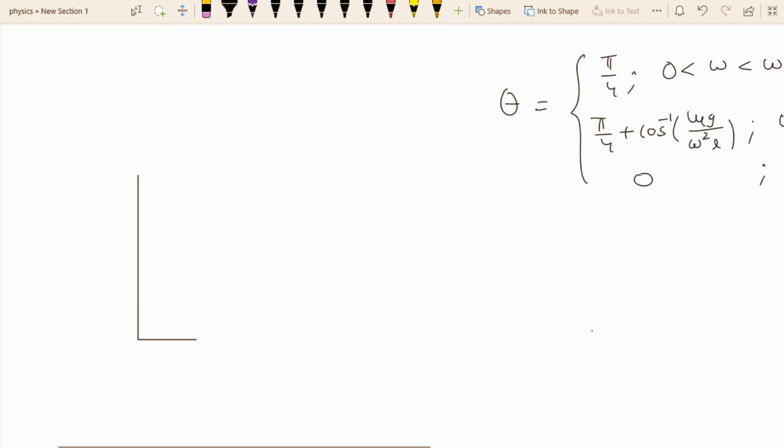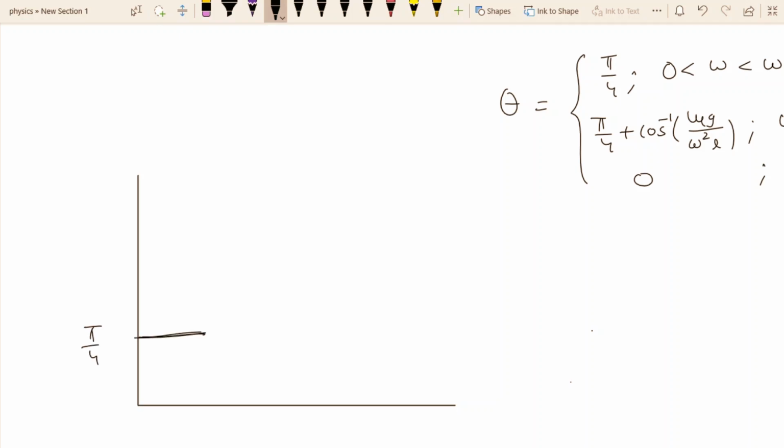Again let us plot the graph. We are going to take this case first, 0 to omega 1. So this is pi by 4. The graph is constant from 0 to omega 1, and when it reaches omega 1, disk A begins to slide. The angle will gradually increase and reach pi by 2.